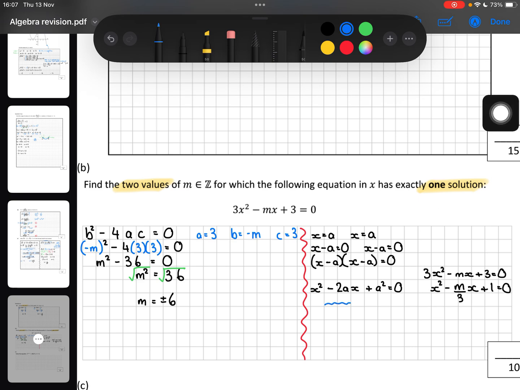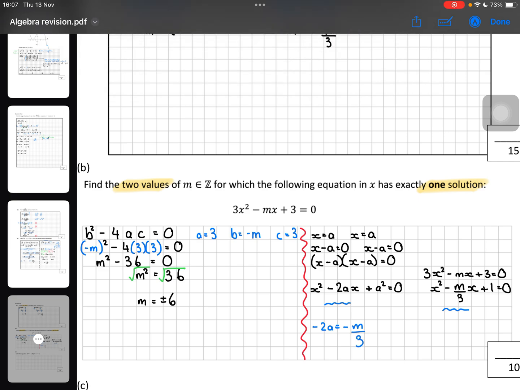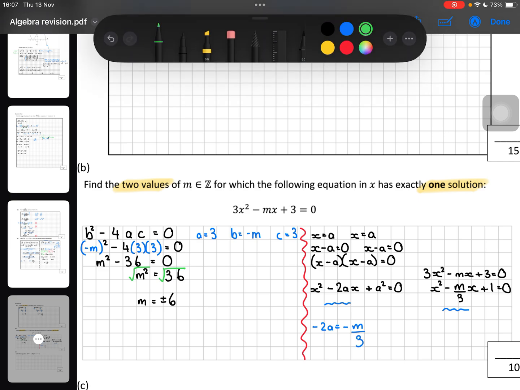Okay, so if I compare that, I have that minus 2a is minus m over 3. I need to know what a is to manage to solve that. So I need to continue to compare so that I get a squared is 1, which means a is 1.